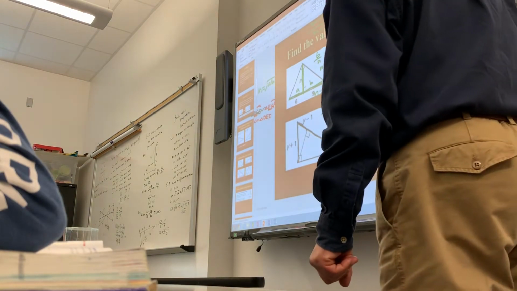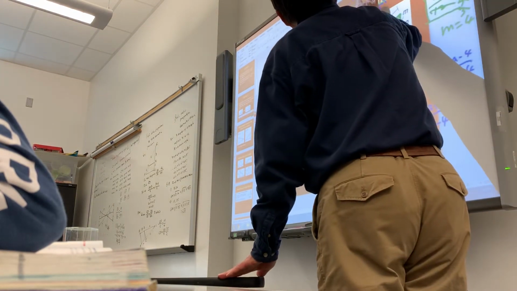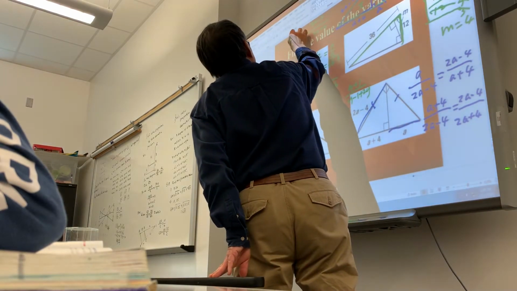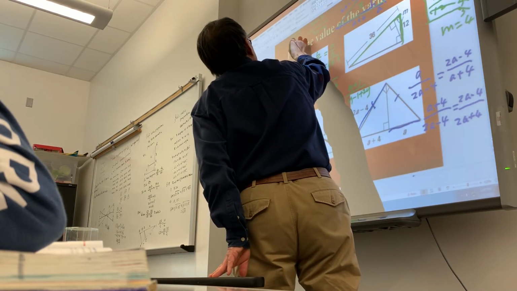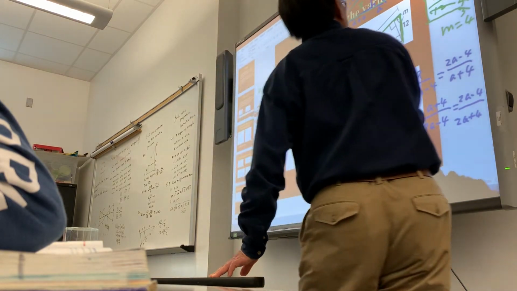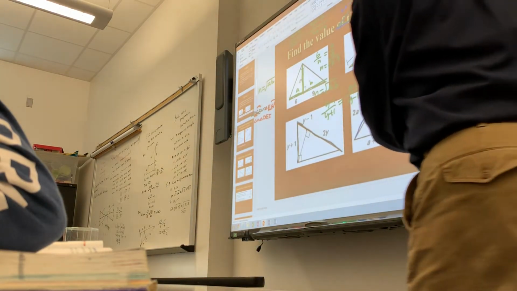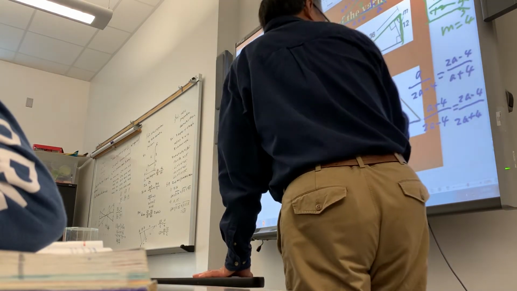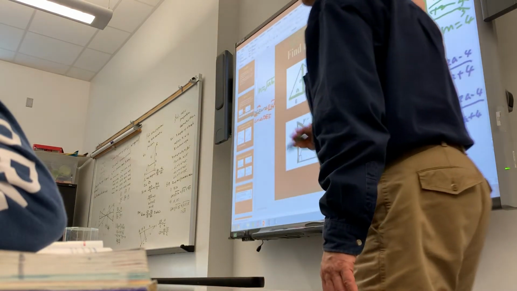Is that correct? Now, for the triangle 2, this triangle, a plus 4 is the longer leg. 2a minus 4 is the hypotenuse. Yes, exactly the same thing.